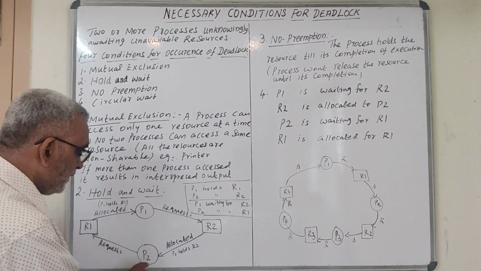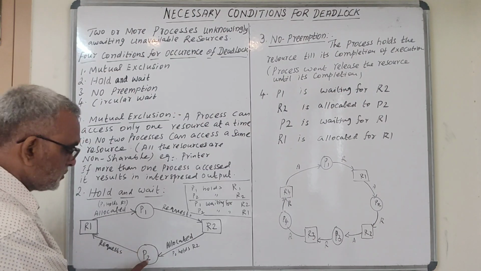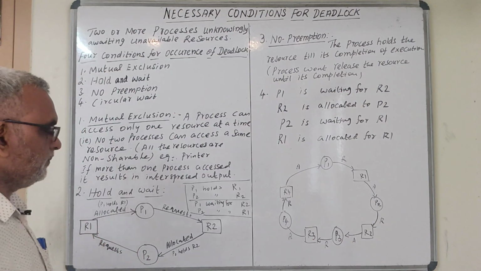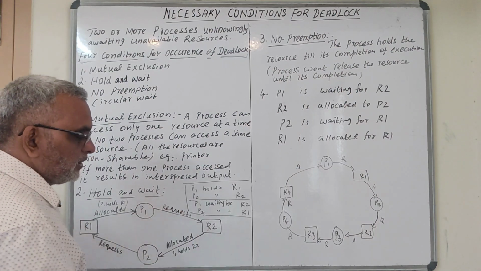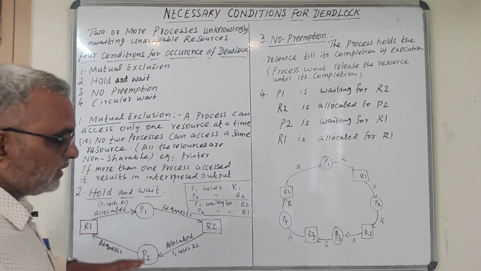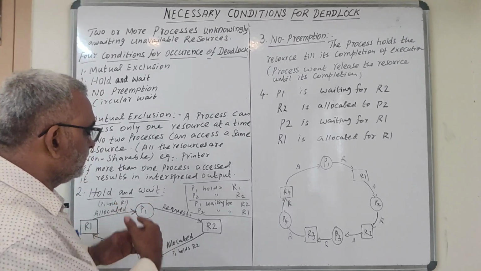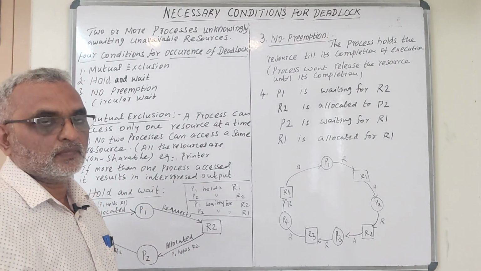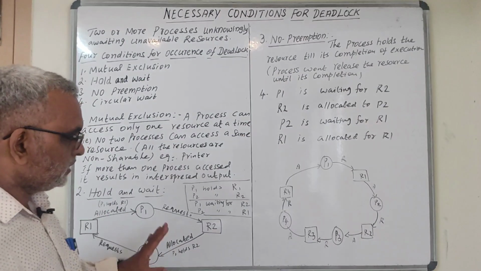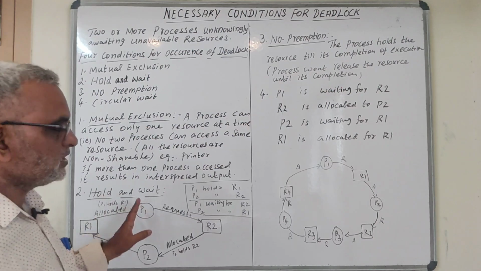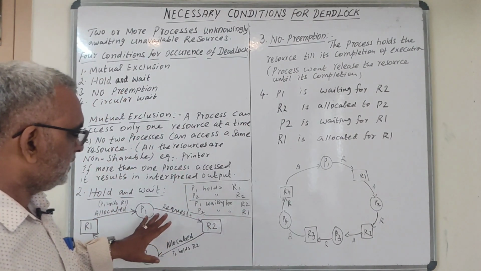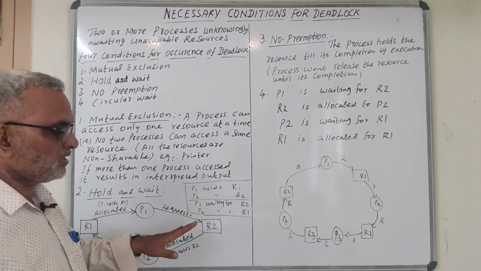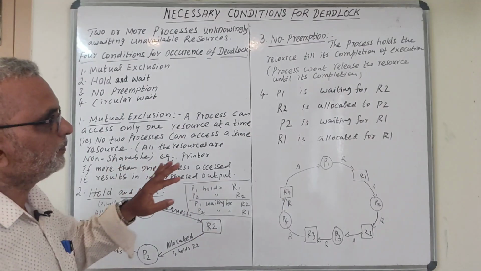Because of that, P2 is waiting. Process 2 is waiting for resource 1, and similarly process 1 is waiting for resource 2, but both are held by each other mutually. So this condition is what is called the hold and wait condition. Even if this condition occurs, there is a chance of getting the deadlock.